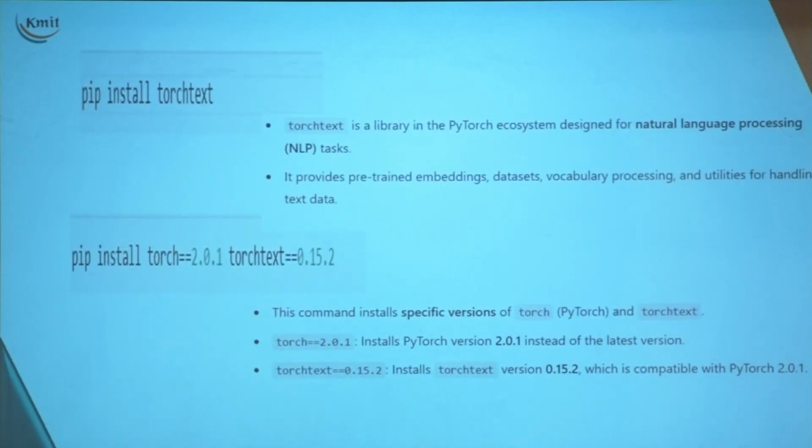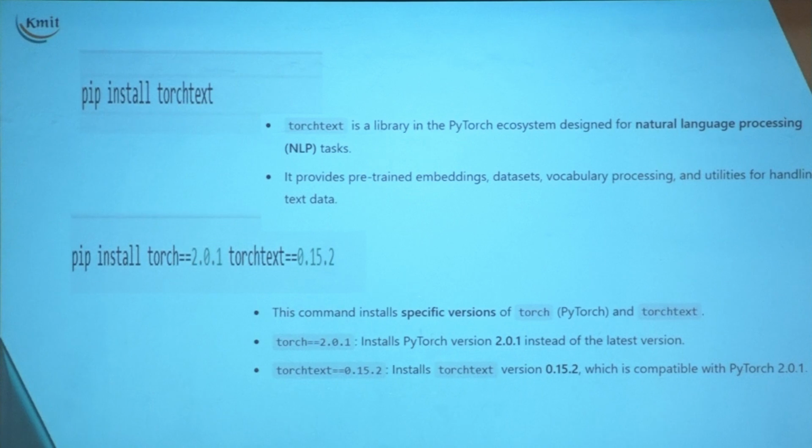Now let's get back to the code. As I told you, we are not developing the transformer from scratch, but we are using PyTorch library. In the PyTorch library, we are using the NN module.